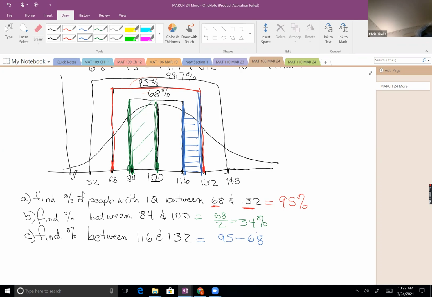But where that gets a little dicey is that the difference between the 95% and the 68%, well, I've got that difference on this side, but isn't also part of that difference over here on the other side? And I don't want both sides. I just want one. So we're going to subtract and then divide by 2. Again, we're dividing by 2 because here we're only looking at one side.